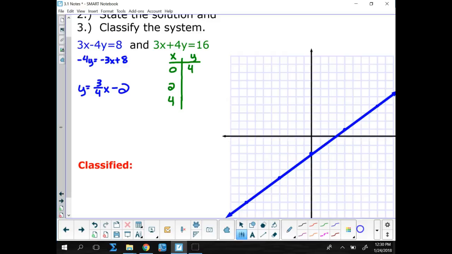If I plug x equals 2 into that function, I get 6 plus 4y equals 16, which is 4y equals 10, which is y equals 2.5. If I plug 4 into that function, I get 12 plus 4y equals 16, so 4y equals 4, so y equals 1.